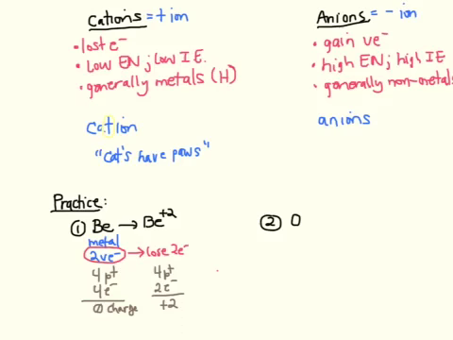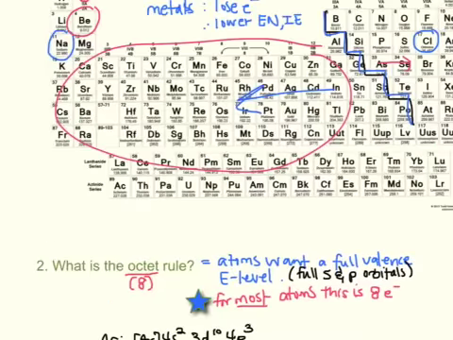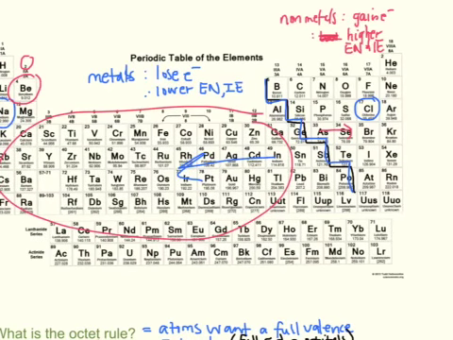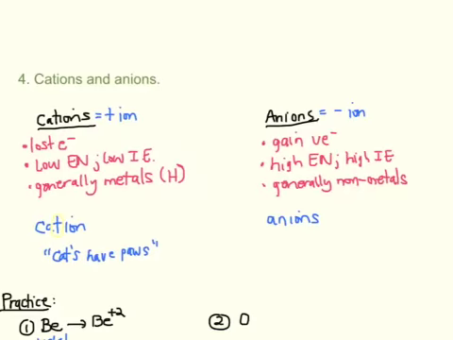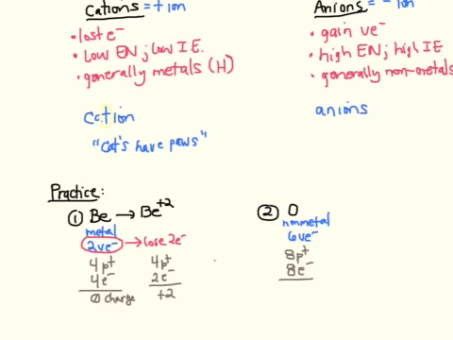Okay, what about oxygen? So very quickly, oxygen, let's find our periodic table. Oxygen is here, and it has 8 protons and 6 valence electrons. So if we go back and we write all that down. Okay, so oxygen's a nonmetal, so it's going to gain electrons.